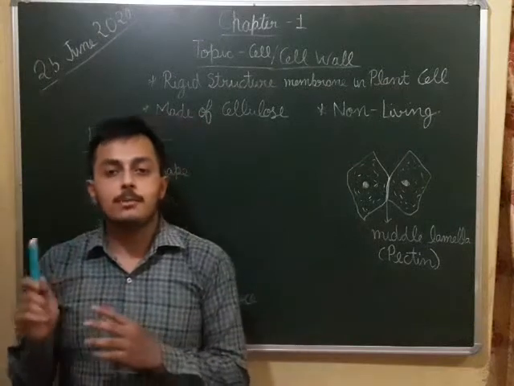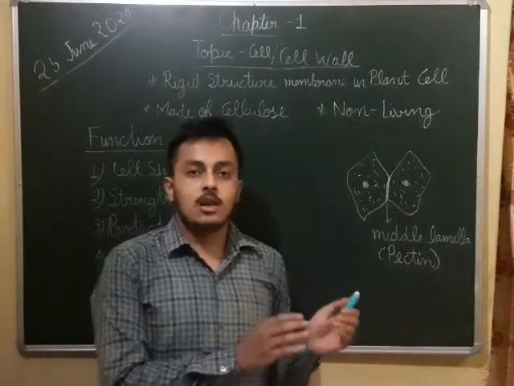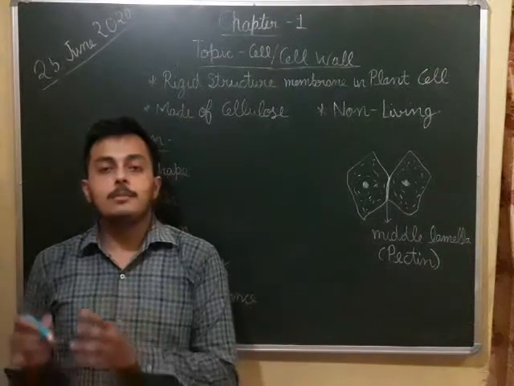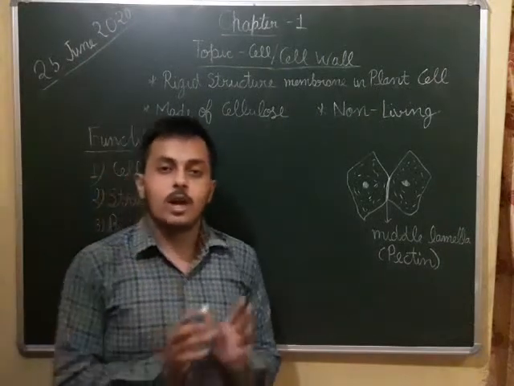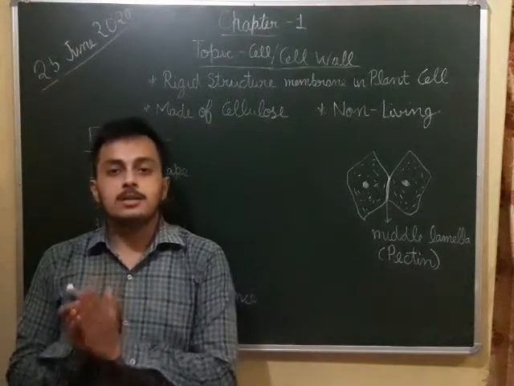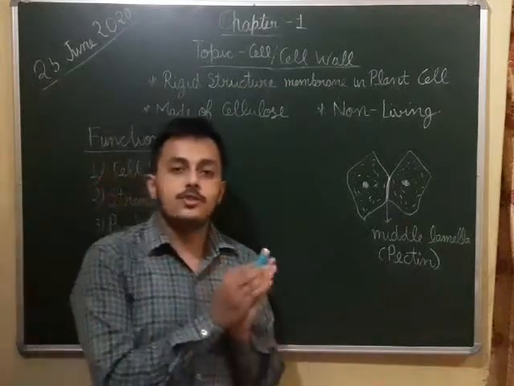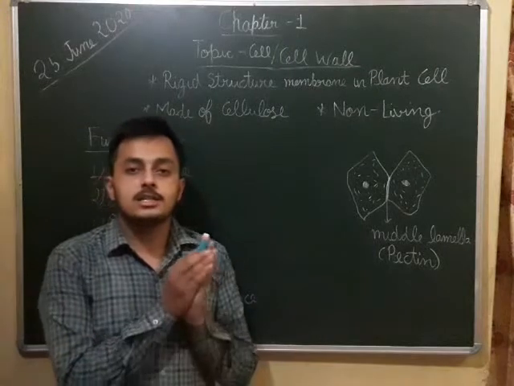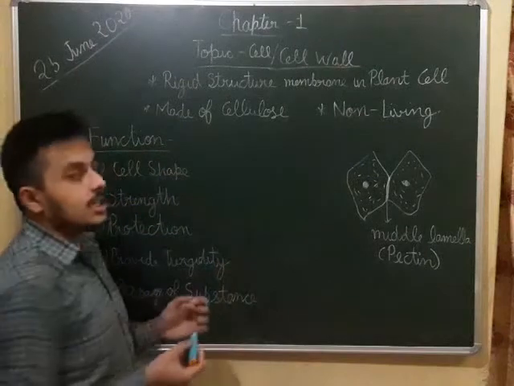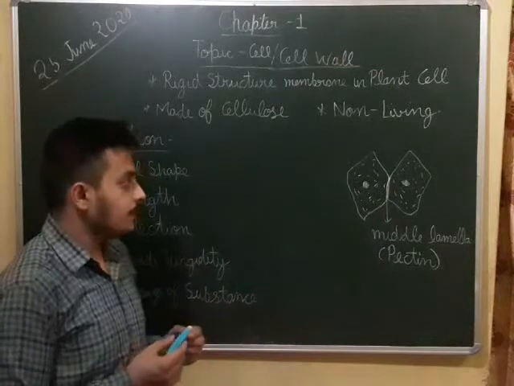The plasma membrane was made up of lipids and protein, while the cell wall is made up of cellulose. Secondly, the plasma membrane was a living membrane, while the cell wall is a dead membrane. Third, the plasma membrane is found in all plants and animals, while the cell wall is found only in plant cells. Okay, got it? So these are basically the differences between the plasma membrane and the cell wall.